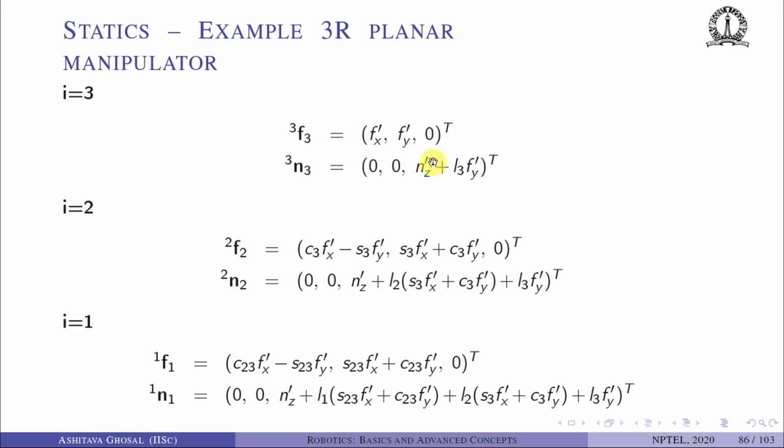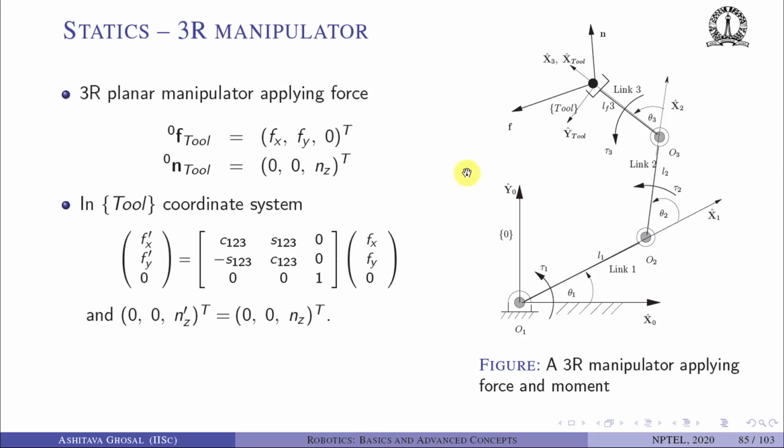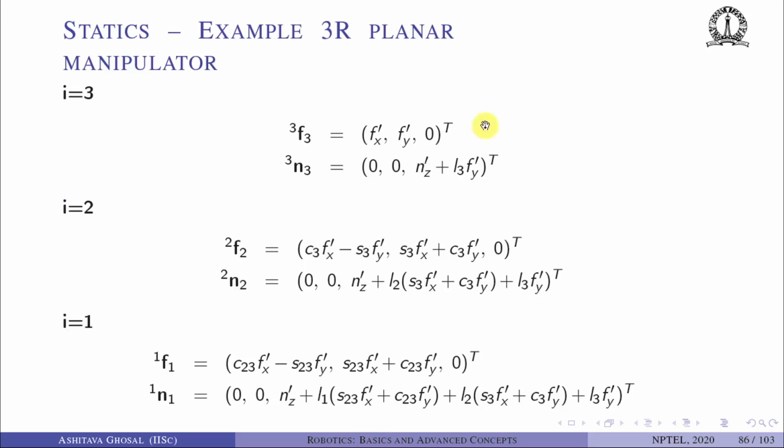So basically, we can show that it is a moment plus some L3 into Fy prime. Okay, so there is a moment which is acting here, but then it will have some L3 into some Fy prime. So Fy into L3 will give another moment which is along the z-axis. The Fx into L3 is along the same direction and will not contribute to the moment. So 3N3 will be given by this.